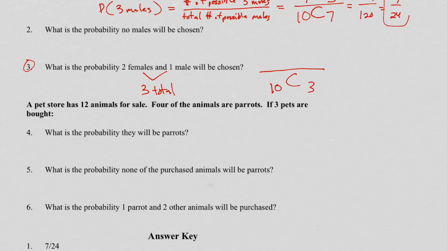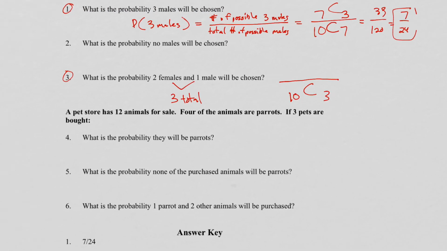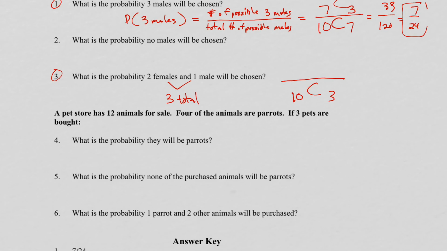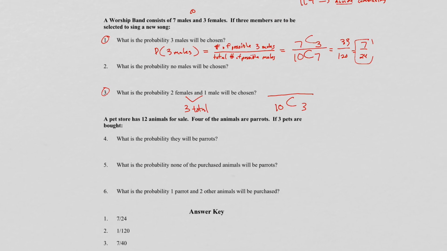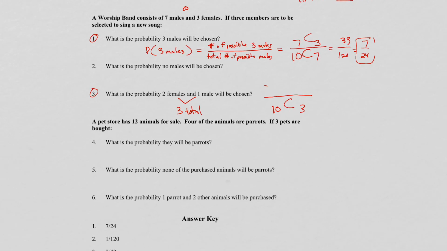3 from 10, sorry. Now, picking a female, there's 3 females. We're choosing 2 from those 3, so that is a combination. Okay?